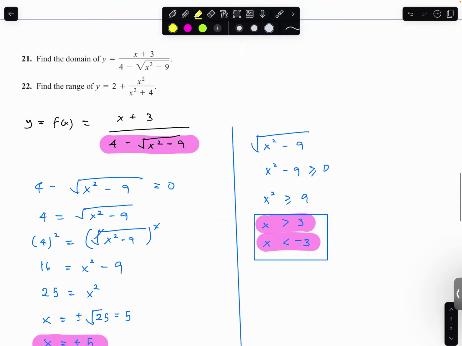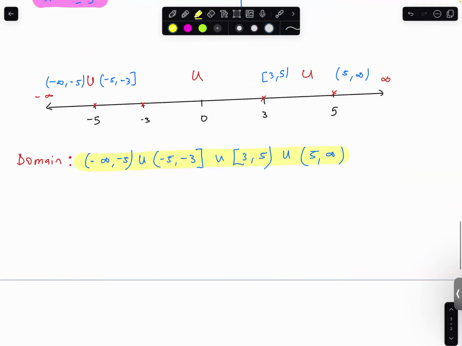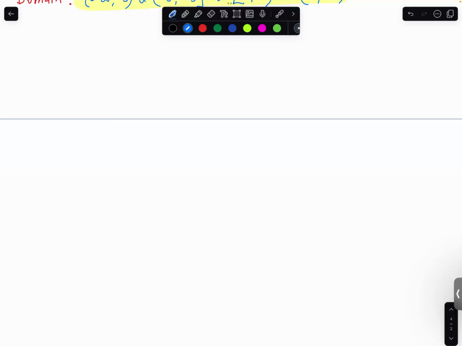Now, the next question is to find the range of 2 plus x squared over x squared plus 4. So we need to find the range for the expression 2 plus x squared over x squared plus 4.